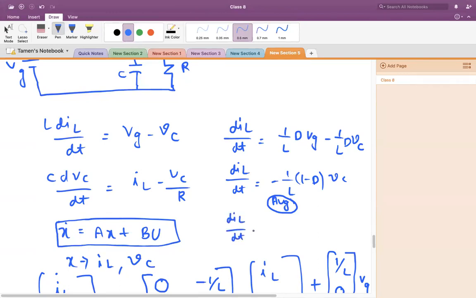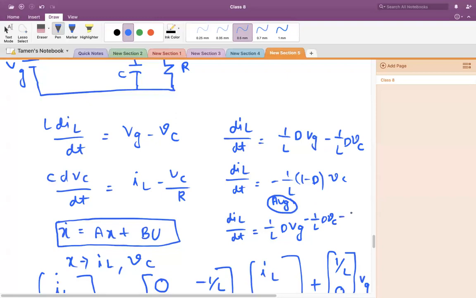dIL by dt will be equal to, this will be the same, 1 by L D of VG. Now this minus 1 by L D into VC plus this, minus 1 by L, 1 minus D into VC.